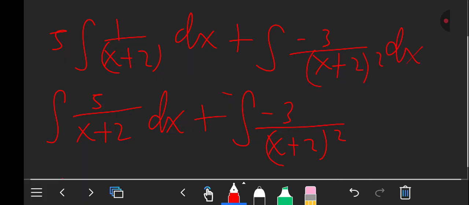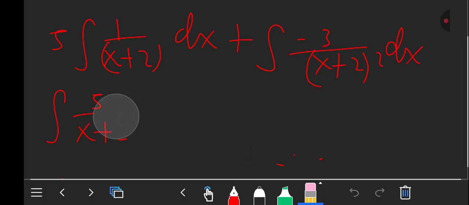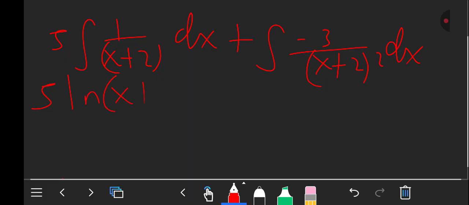To integrate the first one, this is equal to 5 integral of 1 over x plus 2. We said it's linear, then you write ln of x plus 2, then it will be plus. Now let's deal with integral of -3 over x plus 2 squared dx.